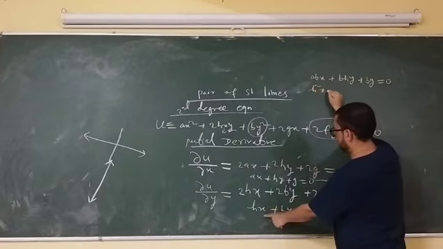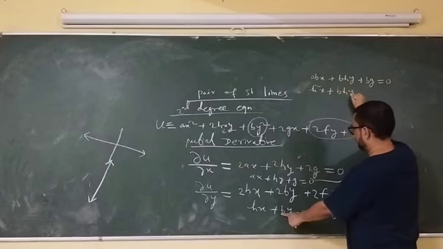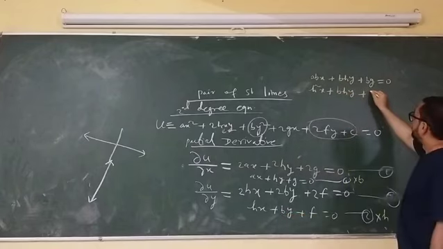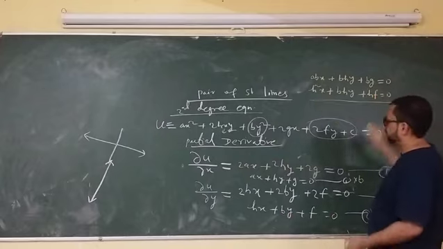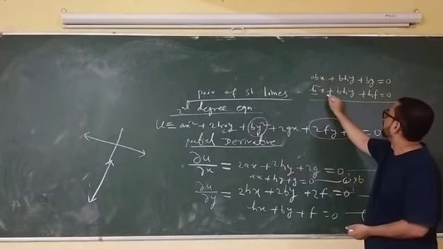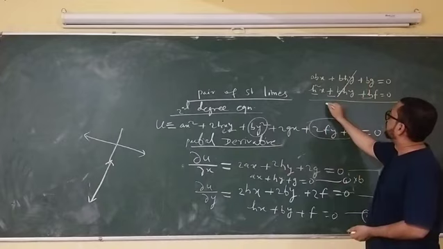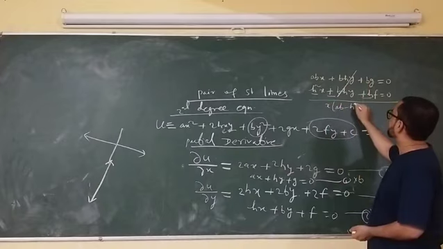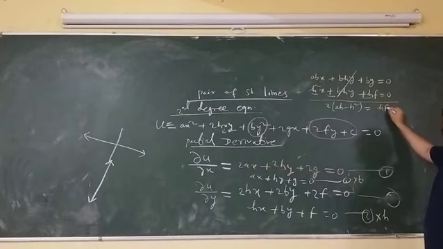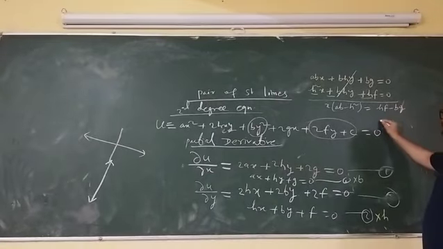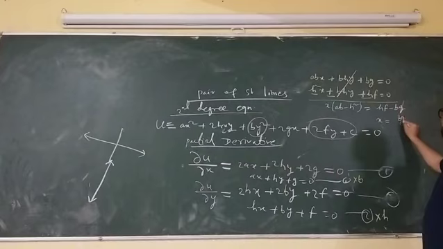So h square x plus bhy plus hf is equal to 0. If you subtract, it cancels. ab minus h square x is equal to, what will happen here? It will be hf minus bg, and x will be equal to bg minus hf upon h square minus ab.